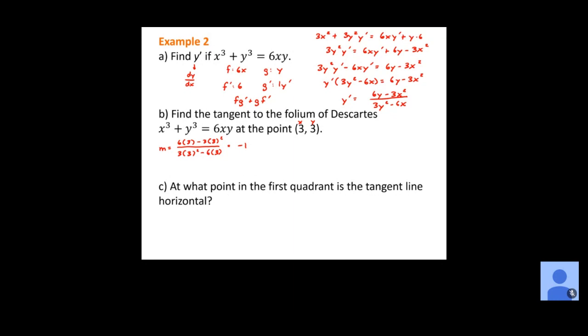Now that we know our slope, then we can do what? Point slope formula. So we have y minus 3 equals -1 times x minus 3. That is our equation, and we are done with part B. Any questions on that?